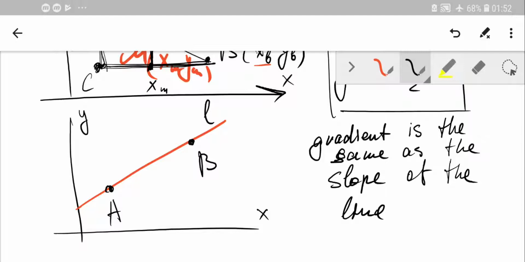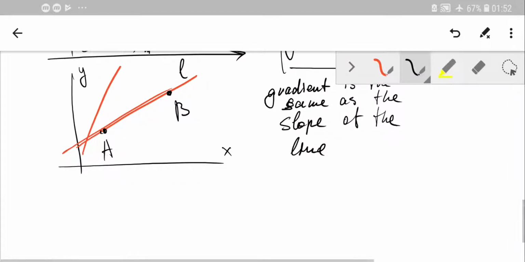The gradient is the slope. It shows you just how steep your line is. It shows you the degree of steepness. It might be really steep like that, it might be less steep. And to measure this, you need some measure to identify the steepness of the line.